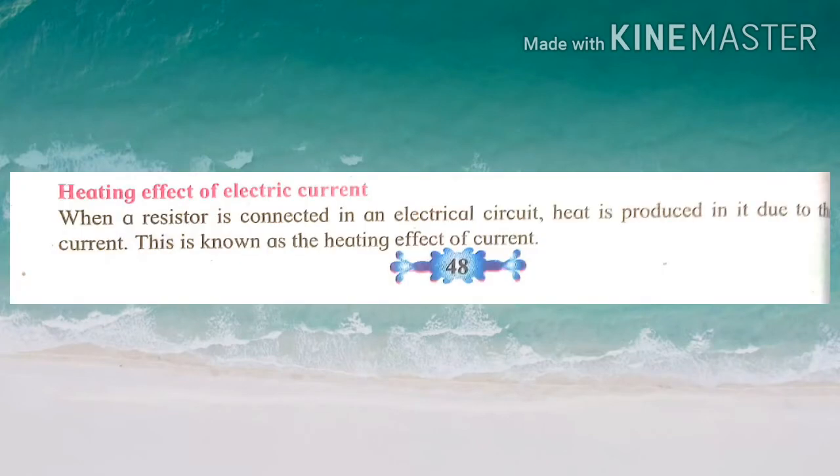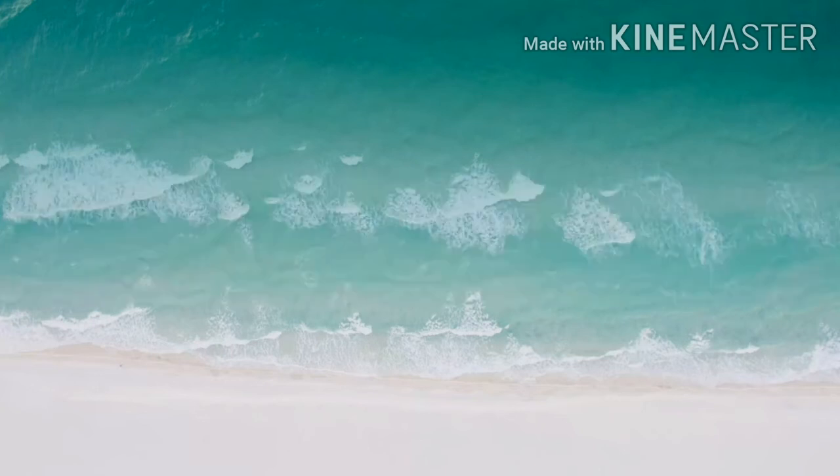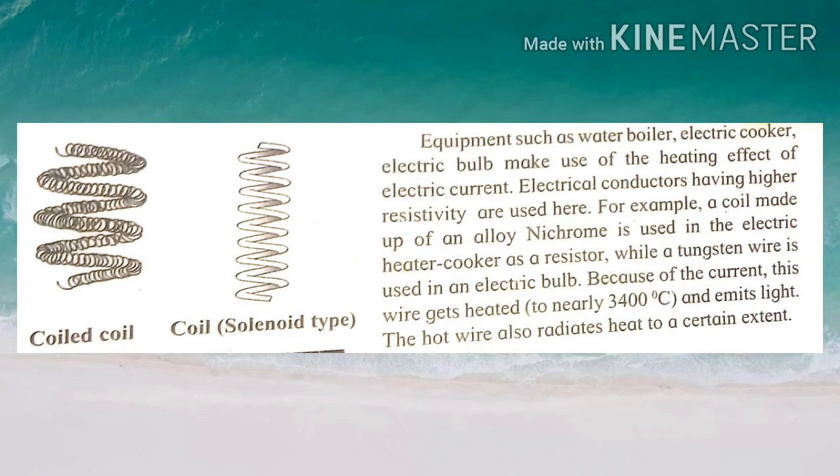Now we discuss the heating effect of electric current. When a resistor is connected in an electrical circuit, heat is produced in it due to electric current. This is known as the heating effect of electric current. For example, water heater, electric cooker, electric bulb, etc. Electrical conductors having higher resistivity are used here.